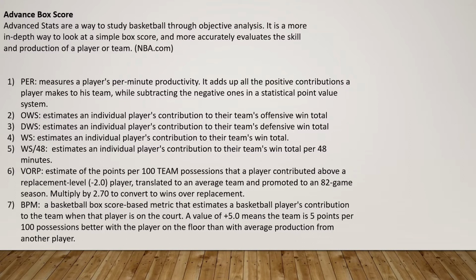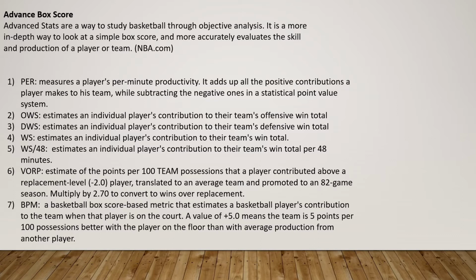OWS, offensive win shares, is how a player contributes to the team's winning on offense, and DWS, defensive win shares, is how the player contributes on defense. Win shares is the win shares in general.